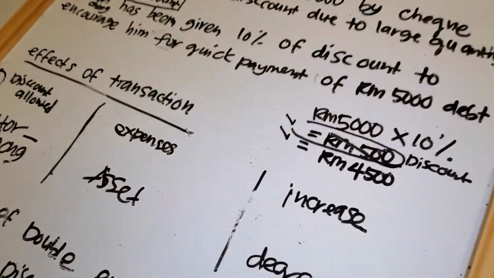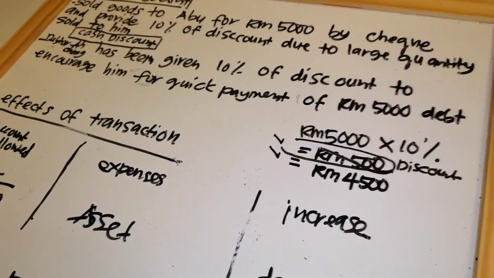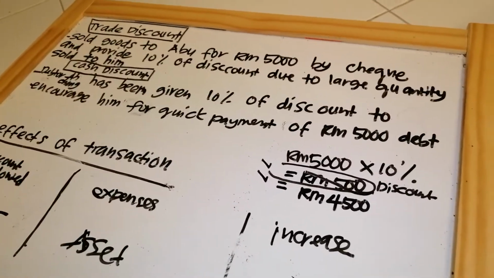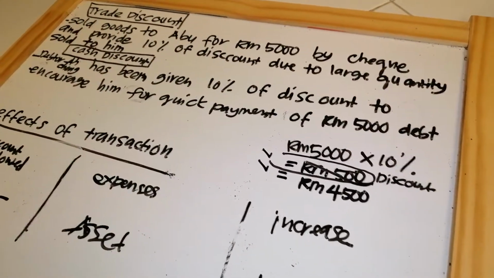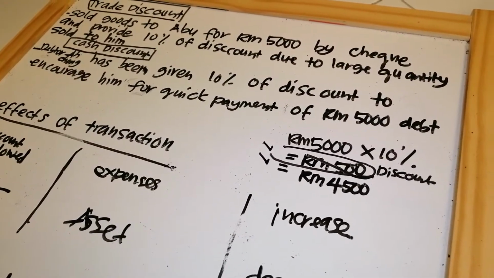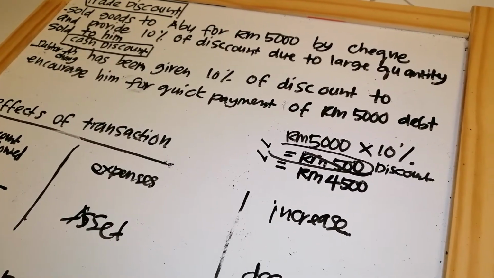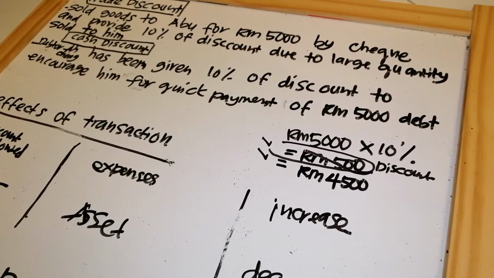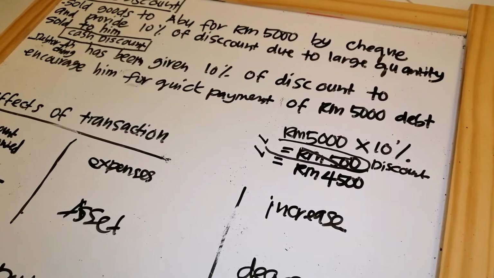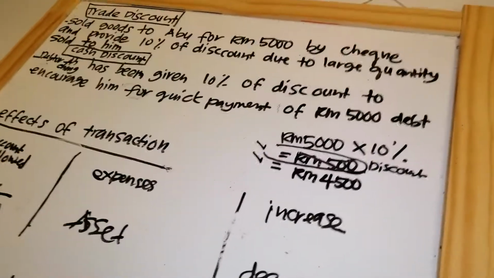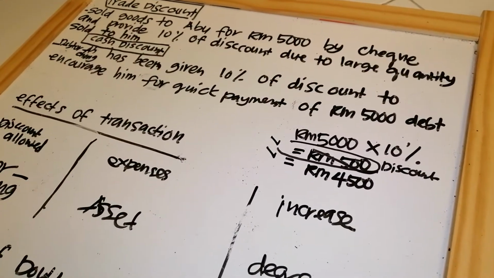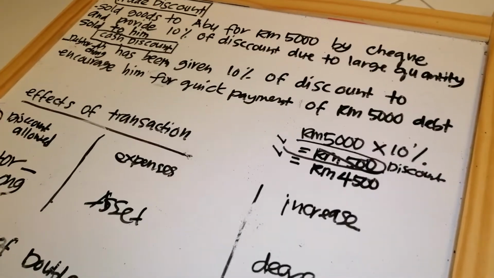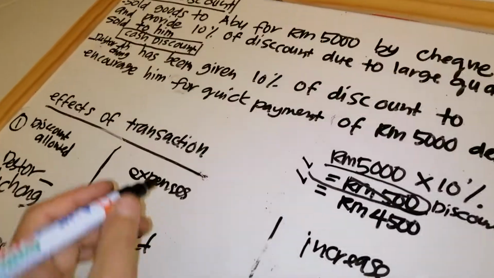Okay? So, even if the question is silent, the debtor gets a 10% discount. And then, what kind of method did they pay with? Is it using cash or bank? If the question is silent for the payment, assume that the payment is using bank.